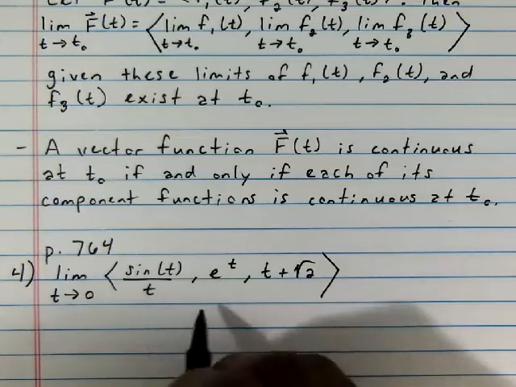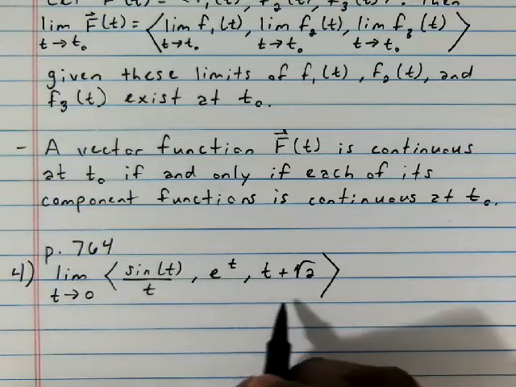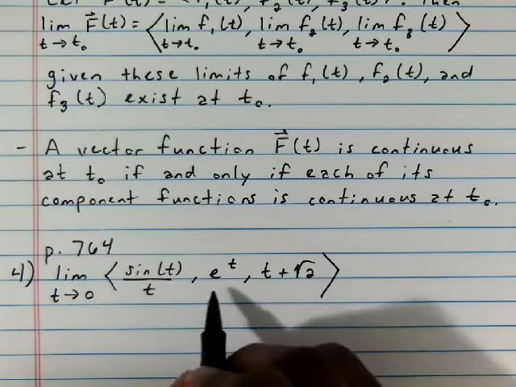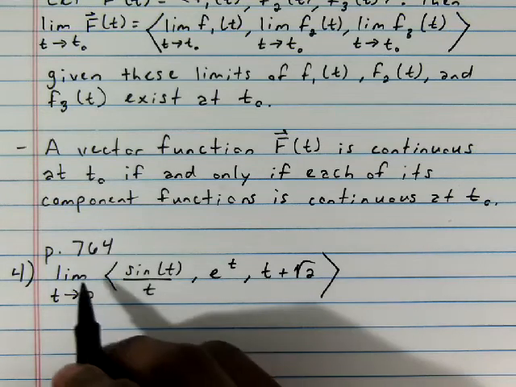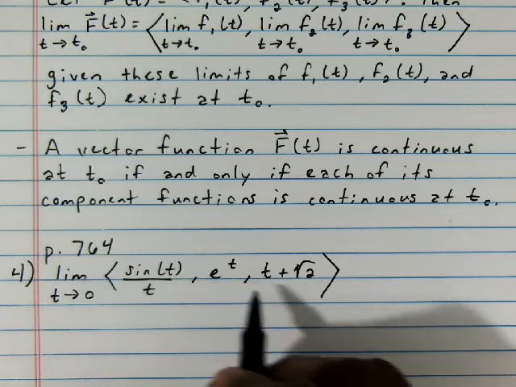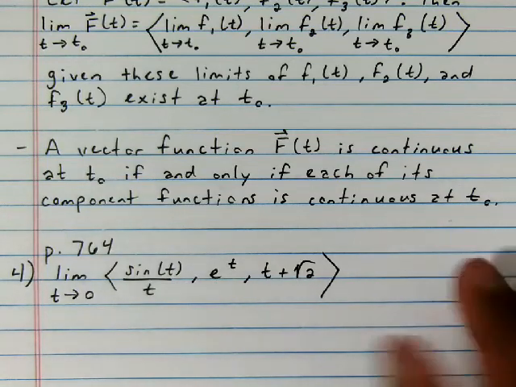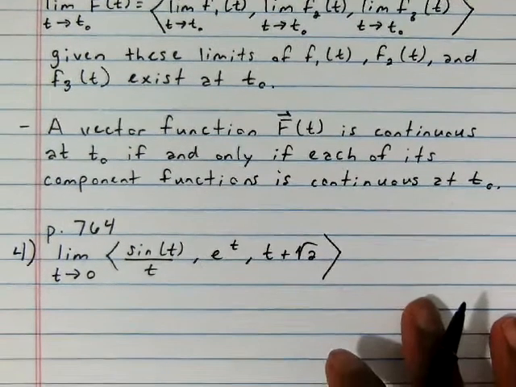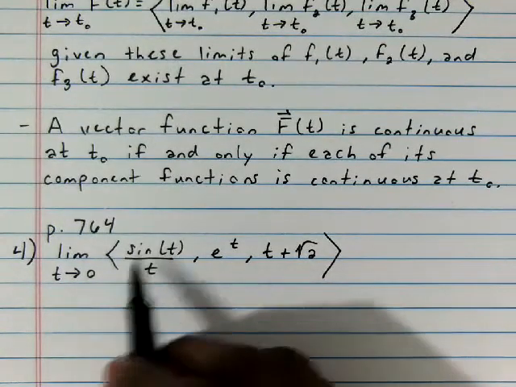So this is our capital F of t, and they just wrote out the component functions for us there. So this is the limit as t goes to 0 of capital F of t, and now you just go back to your calculus 1 or calculus 2 to evaluate each one of these limits.